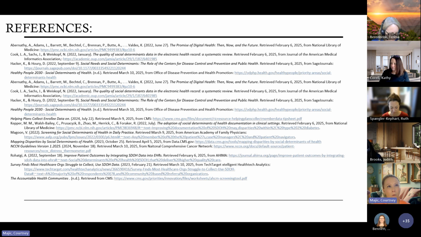I can't remember what service it was for or what facility, but they did have a section on there that specifically said social determinants of health. So I thought it was interesting that you're starting to see it called out with its own header in our notes also. So I think we're moving in the right direction with it.